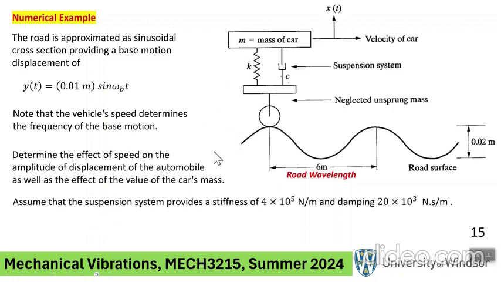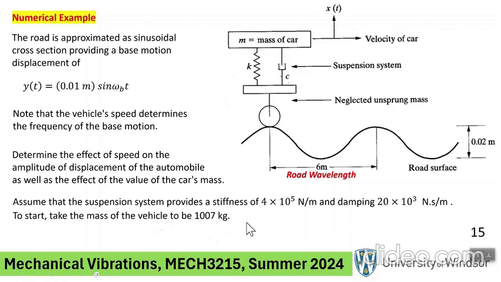Suppose that the stiffness of the spring and the damping coefficient, based on some calculation in your vehicle dynamics class, were represented by these numbers. Let's start with a mass of 1,007 kilograms.